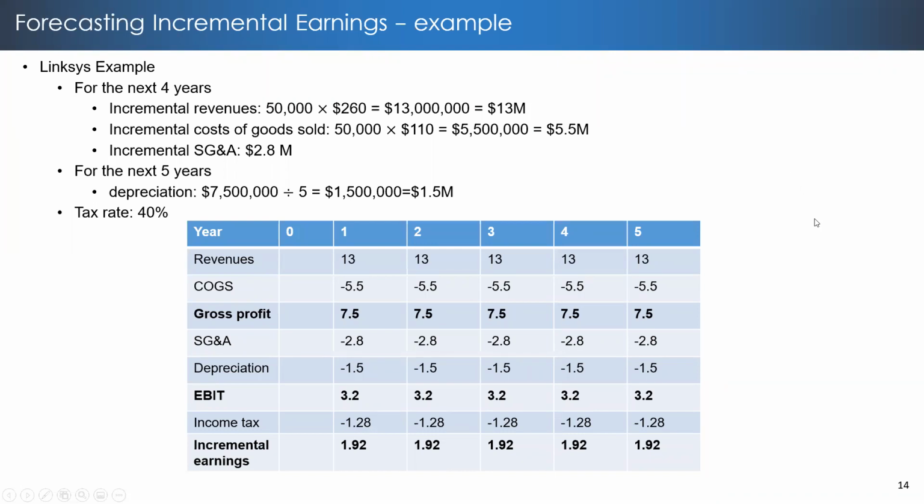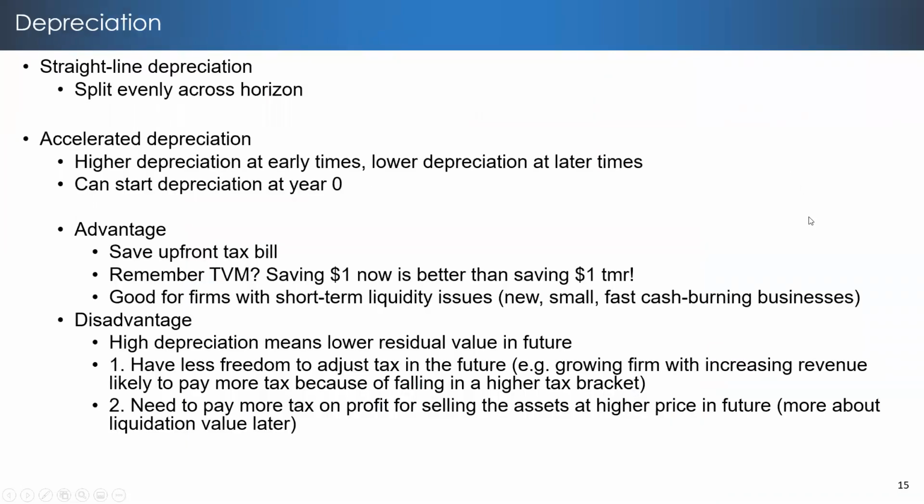Okay, so there are a few things about depreciation. There are certain ways to do this depreciation. The point of depreciation is to give a relatively fair value to your assets because they depreciate over time.